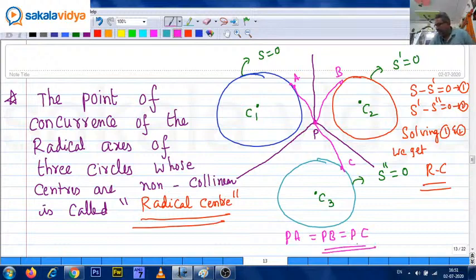The lengths of the tangents drawn from the radical center to the three circles are the same. Understood now? PA equals PB is equal to PC.